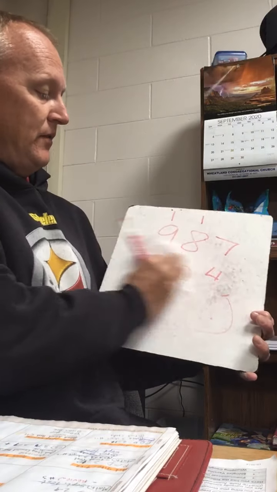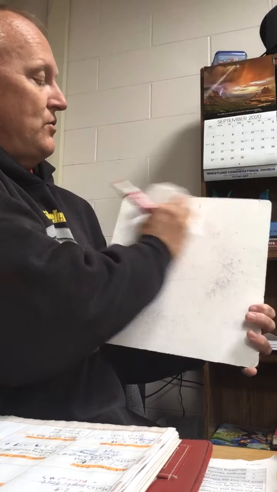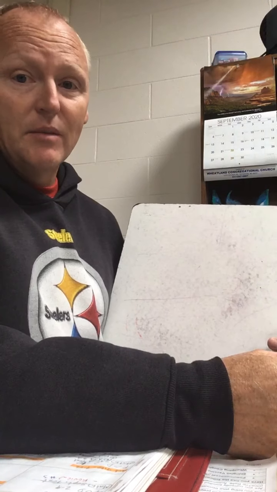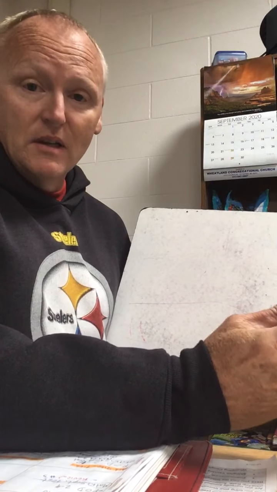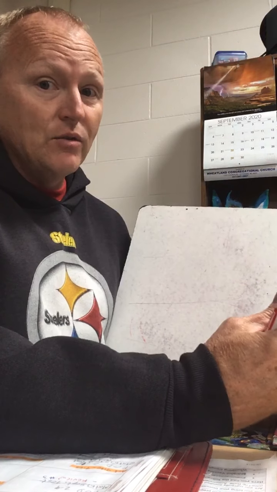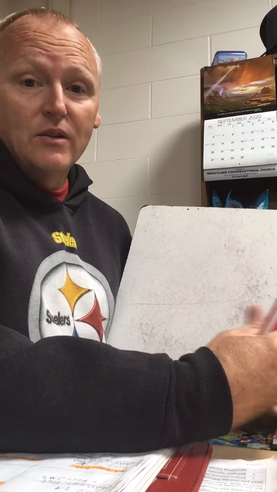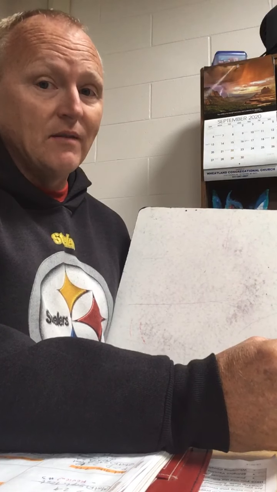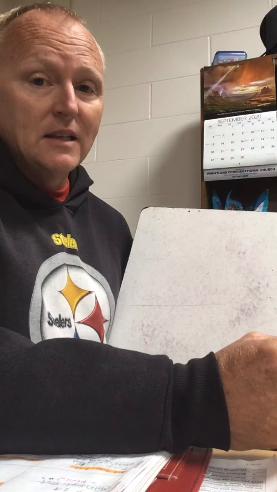Okay. Now, if you struggle with knowing your basic addition facts, then you simply need to practice knowing them. That was something that is supposed to have been mastered in first grade. So if you're in third grade and you don't know your basic addition facts, you just need to put in the extra time to make sure you know them. You should know that 7 plus 8 is 15 instantly.